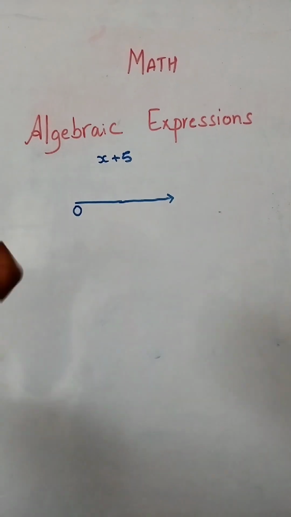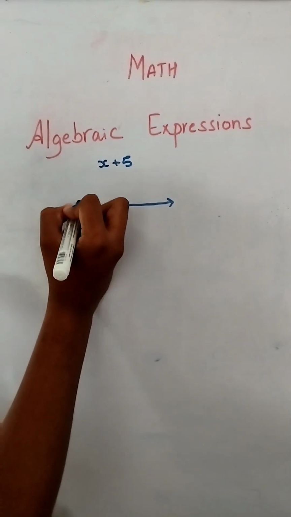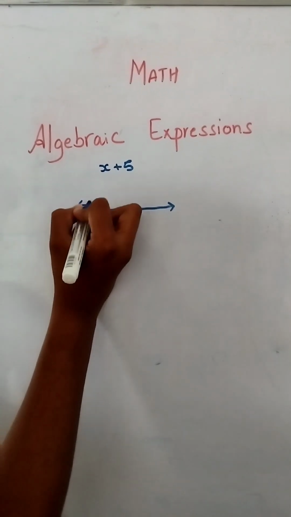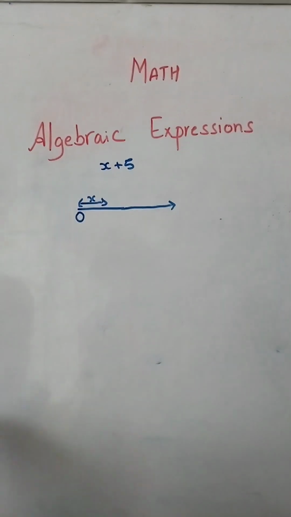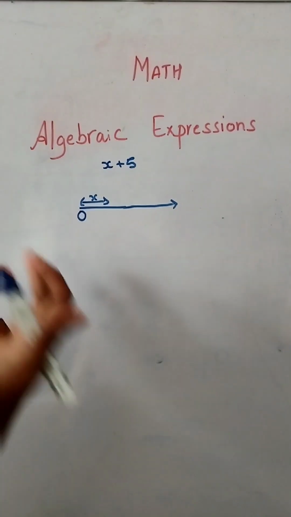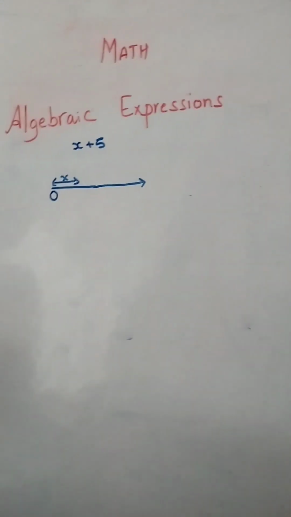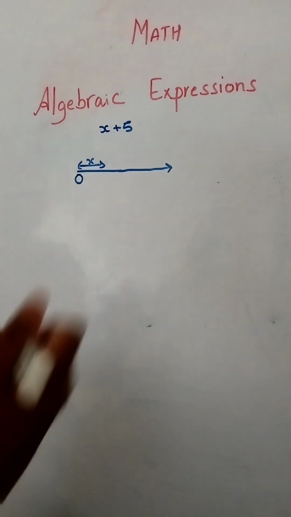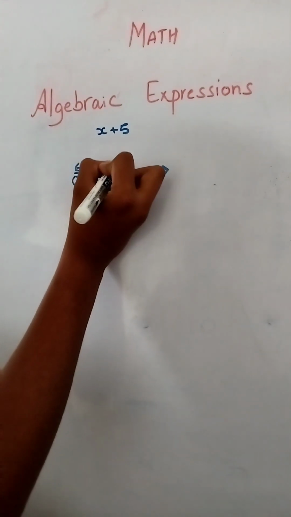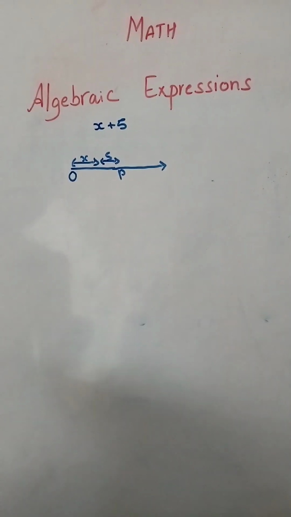To plot the point over here, first you have to go x units, which makes sense, because it starts at 0, that is O is equal to 0, then we go x units forward and then add another 5 units to that to reach our point P, as we named it.